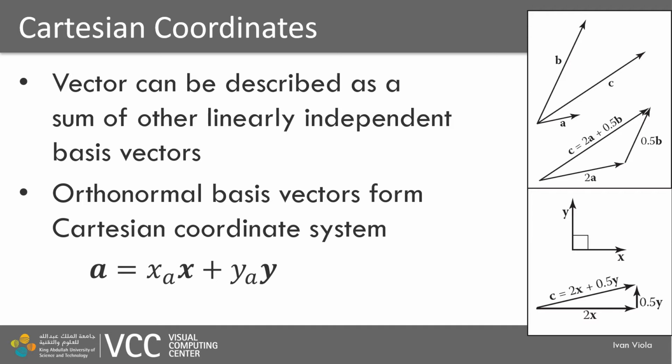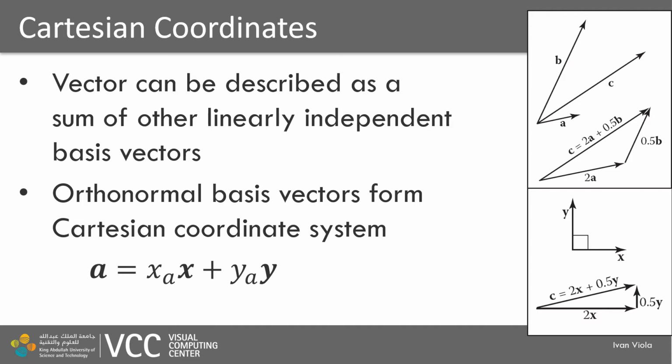So here we have orthonormal basis vectors x and y, and they are perpendicular to each other, as we can see, and also they have the same length. And in this space, we are defining other vectors through these 2 vectors.